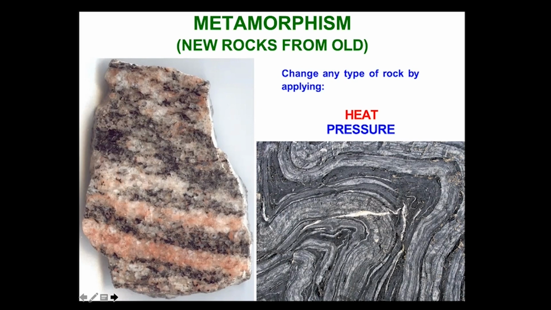If you just have heat, it will tend to partially melt or fully melt the rock, and that's what gives you the magma. If we get heat and pressure, we'll get a rock such as shown on the lower right corner. The heat causes the rock to become pliable, plastic-like. The pressure then deforms it so that we get these folded structures.